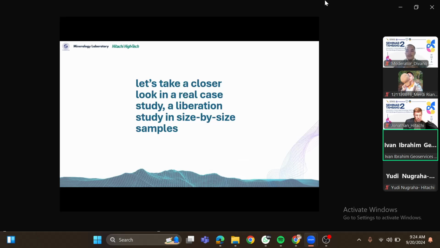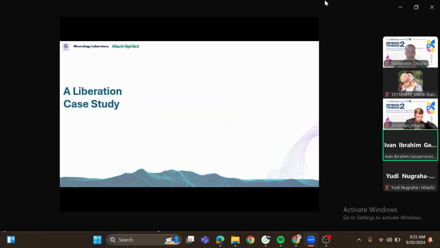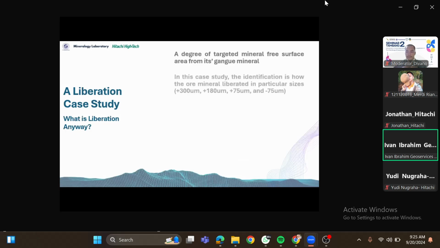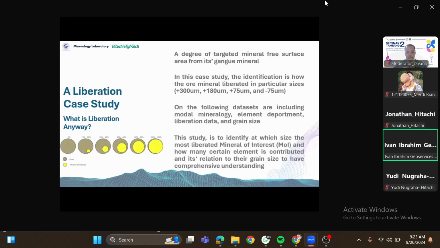Lalu kita coba lihat lebih dalam kalau di liberation study, dalam hal ini case-nya di ukuran, size by size samples. Boleh next. So, what is a liberation study case? Sebenarnya liberation itu apa sih? Jadi dia itu free surface. Kata kuncinya free surface yang dikuantifikasi oleh sistem. Dalam hal ini kita coba di ukuran plus 300, plus 180, plus 75, dan minus 75.